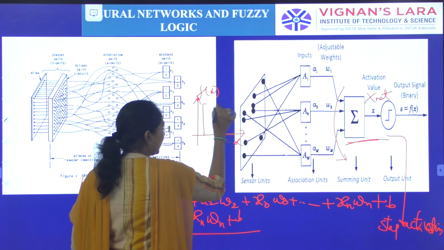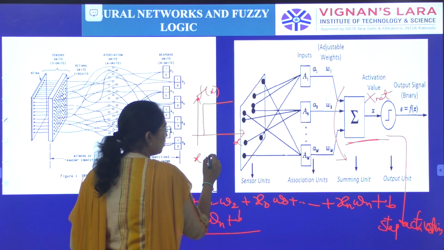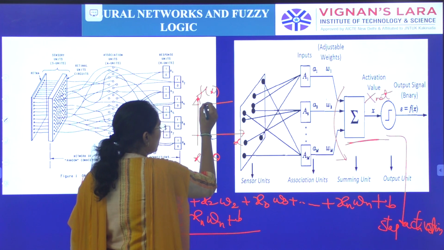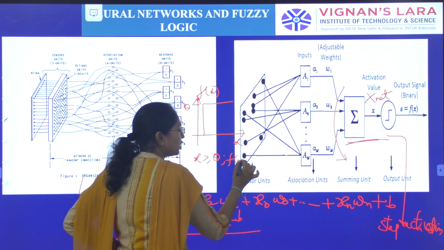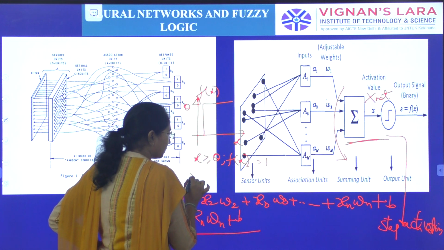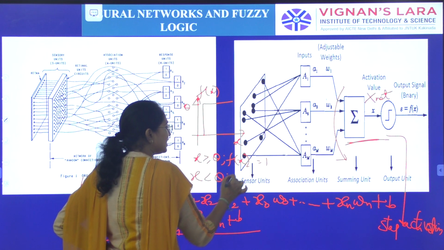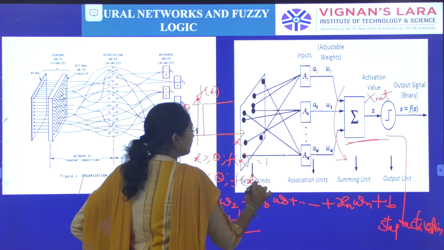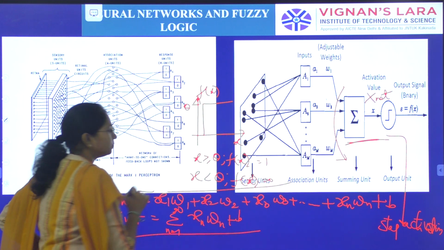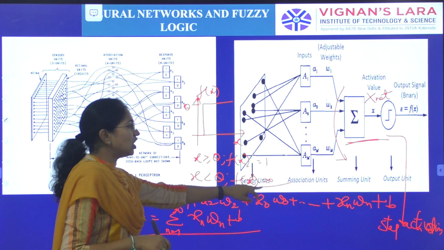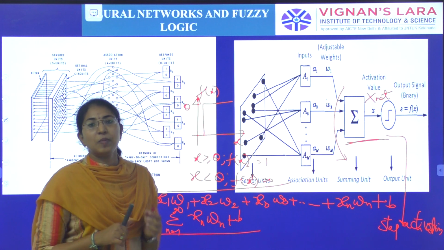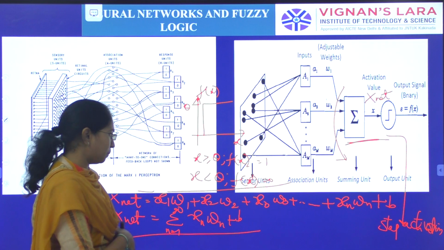It will generate f of x as 1 if x is greater than or equal to this reference value of theta. If it is less than theta, f of x will be 0. So you can generate either 1 or 0 by using this binary activation function.